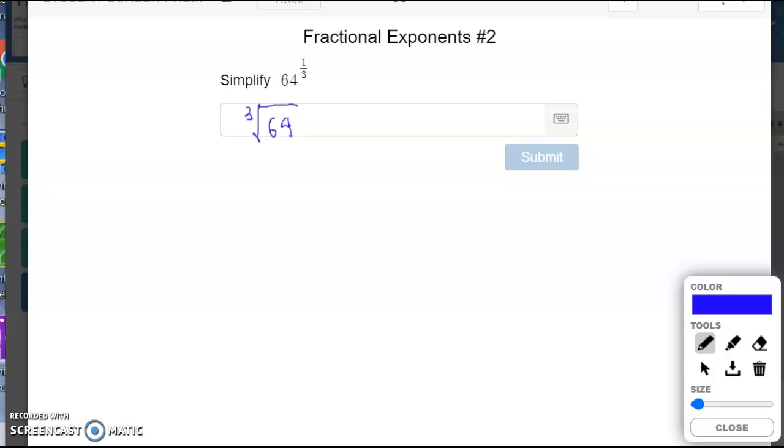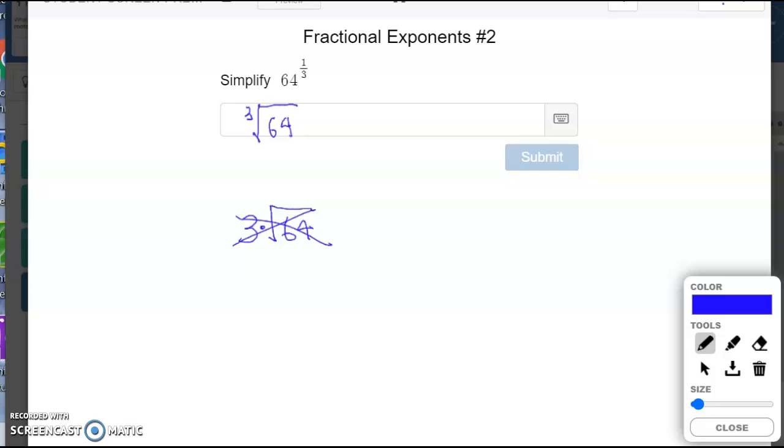That should not be confused with 3 root 64. It should be really clear to you that this is a third root, while this is 3 multiplied by root 64. So do not get the notations mixed up. They are not the same.